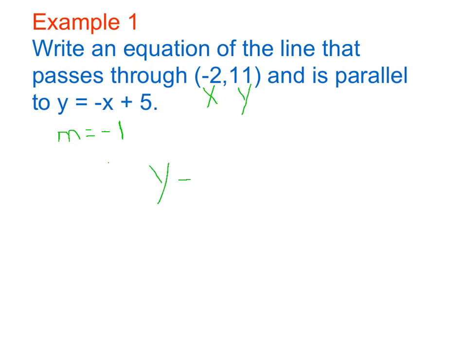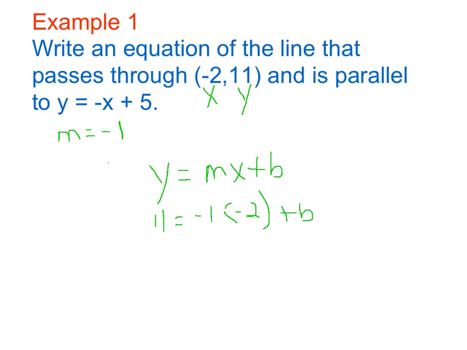So if we were to use the y equals mx plus b slope-intercept form, plug some stuff in that we know. Well, if we're going to say y is 11, I'm going to plug 11 in here. Slope's negative 1. The x is going to be negative 2. And we don't know the b yet.